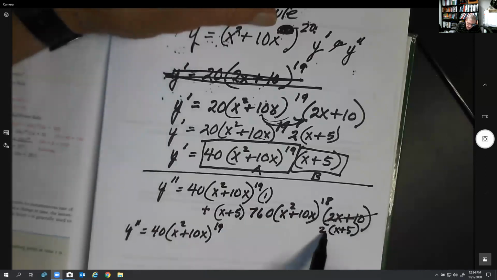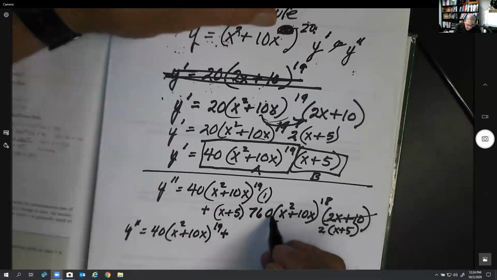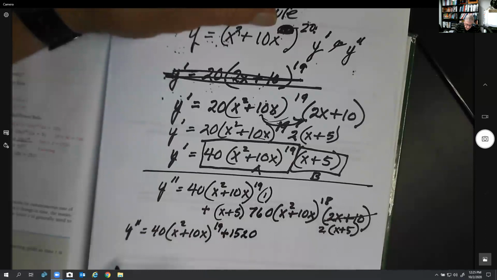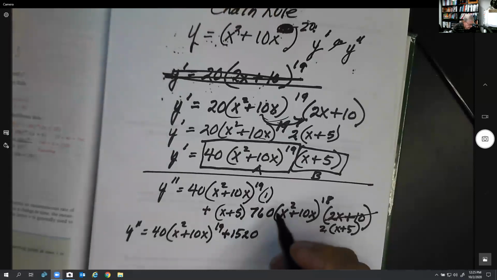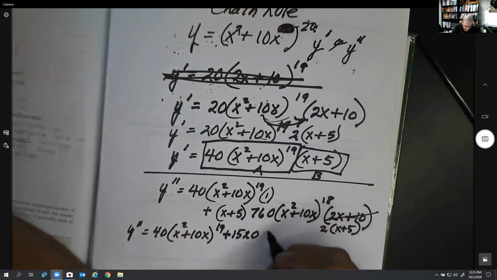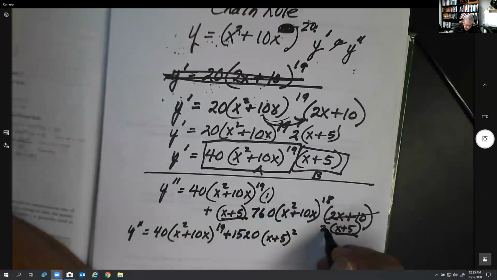So if you notice, we got 2 times 70. We can multiply that out. What would that be? This is going to be plus 2 times 70, which would be 140, plus 1520. And then we see that we get an x plus 5 and an x plus 5. We're multiplying, so that would be an x plus 5 squared, huh? Got two of these, and they're multiplying, just like we can multiply 2 times 70.